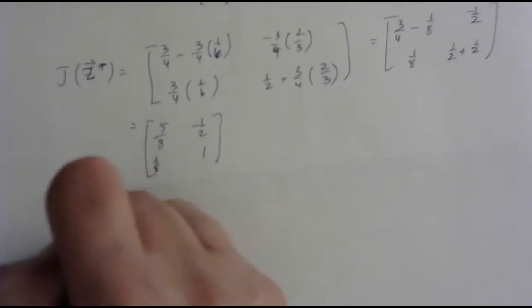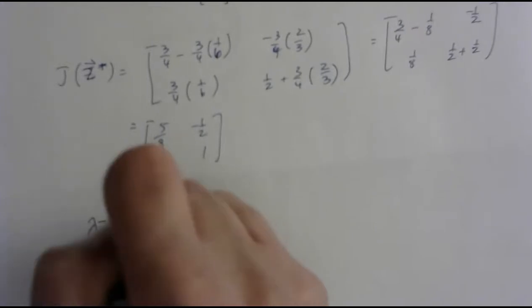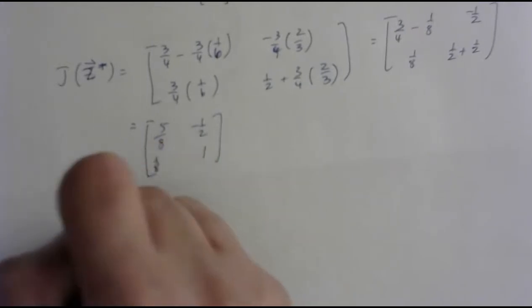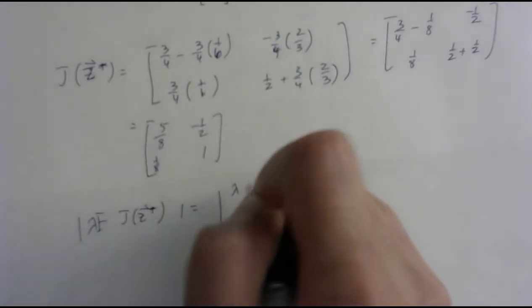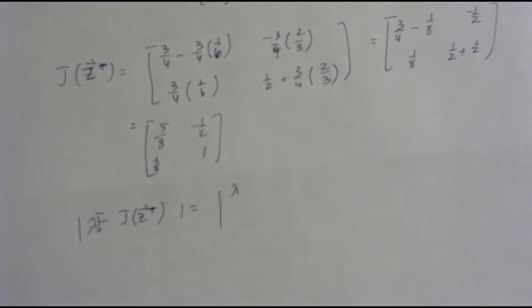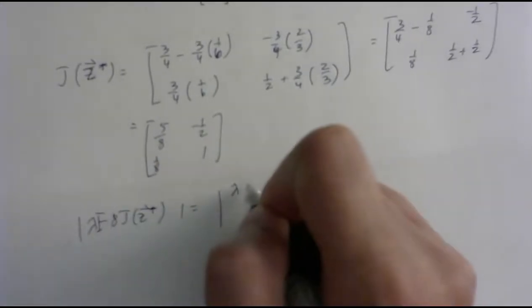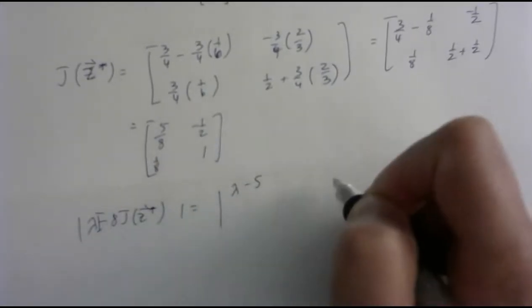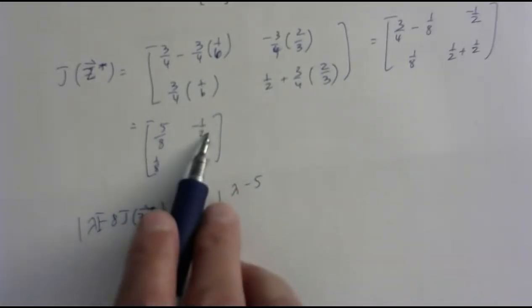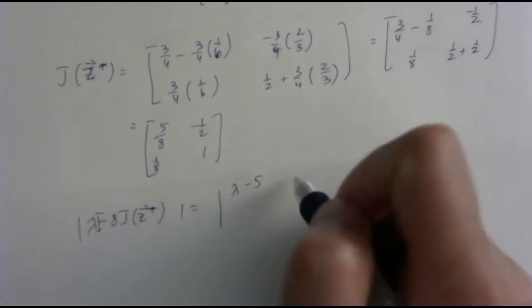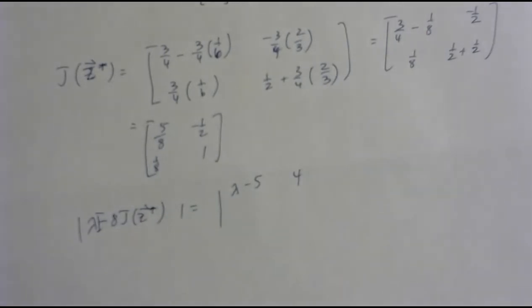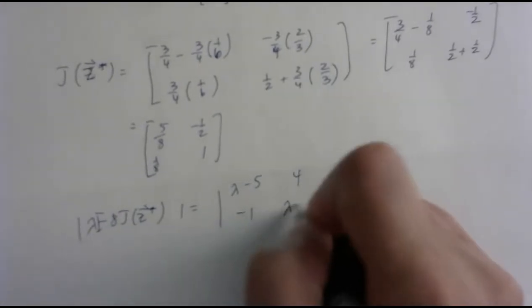So what are the eigenvalues? Let's do 8 times it, right? That'll be better. So lambda minus 5, and we multiplied everything by 8, so this term became a 4, minus 4 became a positive 4, minus 1 here, and lambda minus 8.